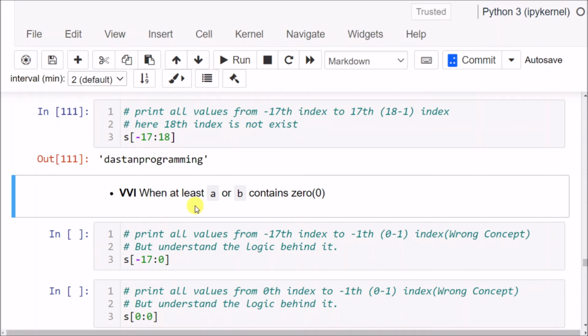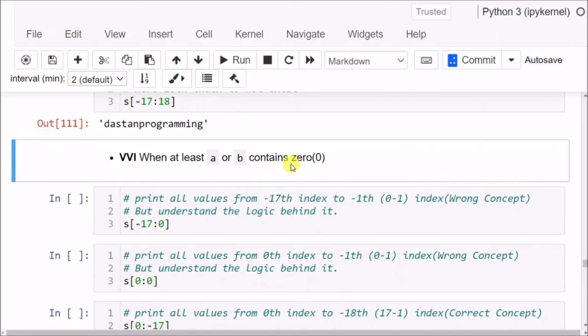And when at least A or B contains 0, then what will be the return? As I told you, B must be non-zero. So when A contains 0, what will happen? Just try to understand the logic behind it.